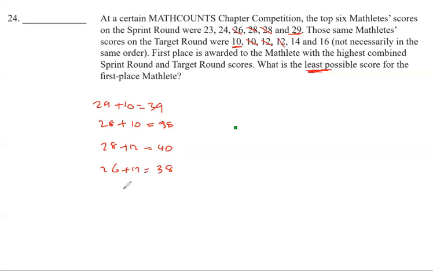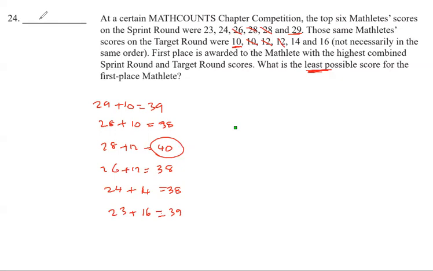And then we got 24 and 14 maybe. So that could be 38, and then 23 and 16. I guess I can go with that. If I go with that, it is 39. So we can achieve a 40 at least, but I cannot really do lower than that, because I have two 39s and then 140 already.